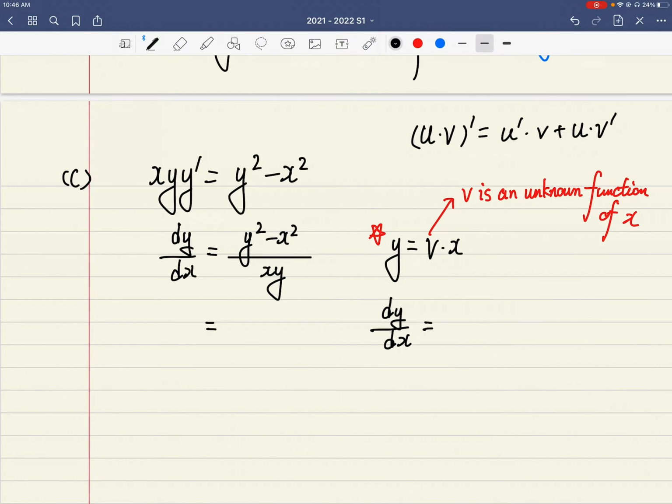So dy over dx, you differentiate this part with respect to x. So it's dv over dx times x plus v times dx over dx, which is just 1.